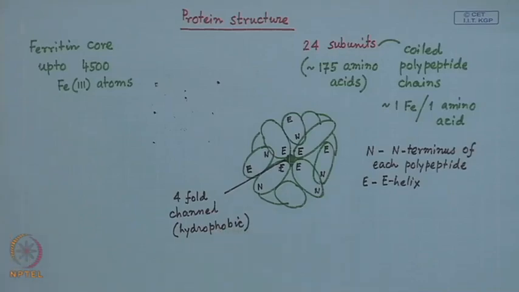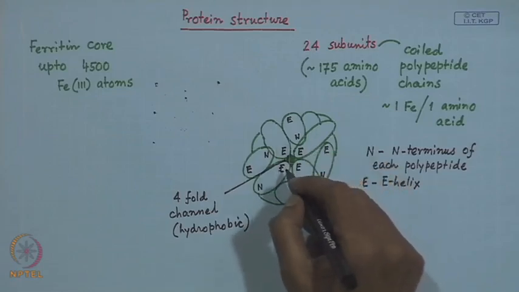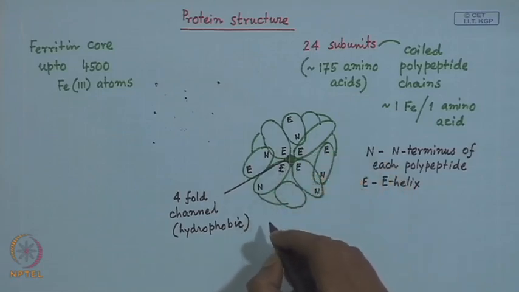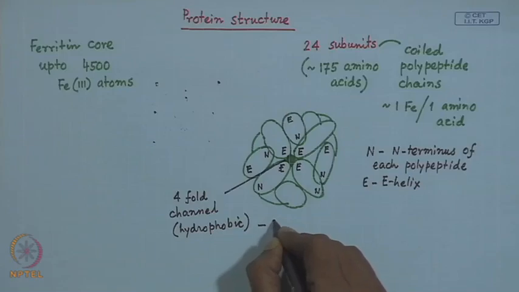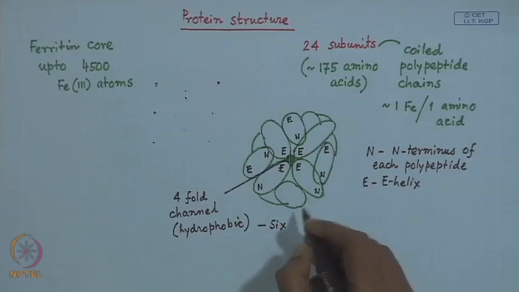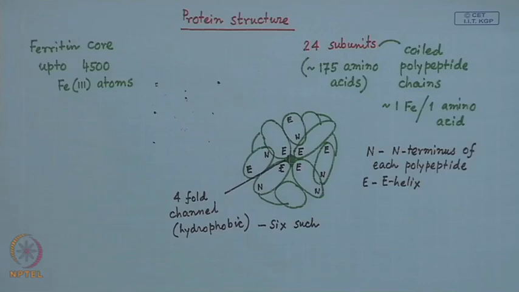So, this particular hydrophobic part of this center will not allow the corresponding iron ions to enter. So, for that we need some hydrophilic channel. So, you have 4-fold channels, and the total number is 6, like your octahedral arrangement.